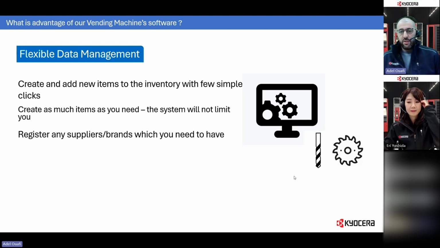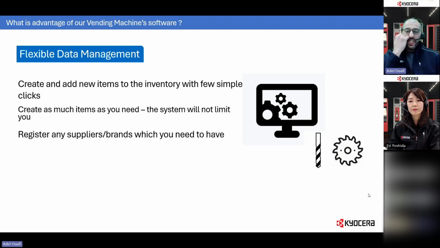There are some competitors who have only 3 digits, like 999 maximum items, and we can see them on some drawer vending machines where the capacity is also small. Another advantage is that Kyocera does not oblige the customer to use only Kyocera items.